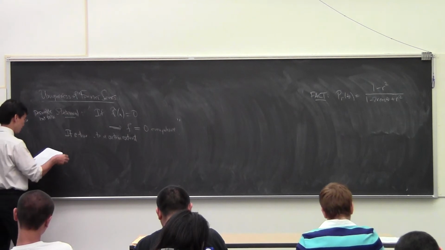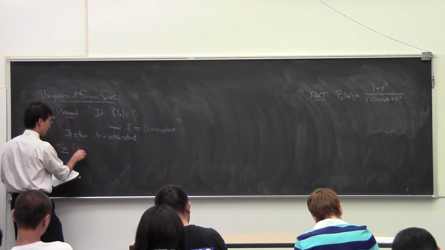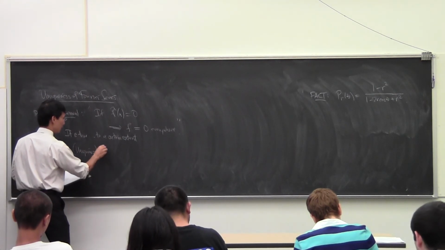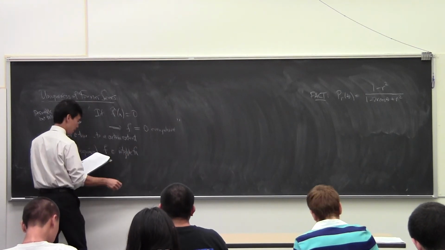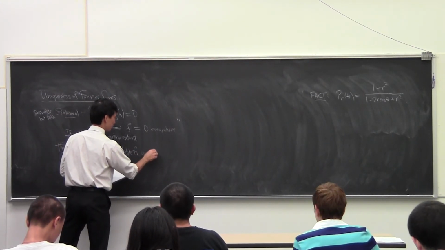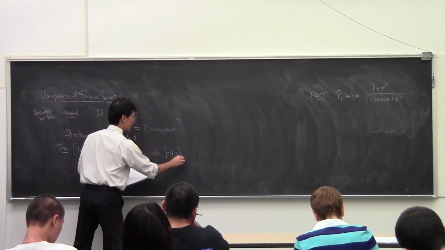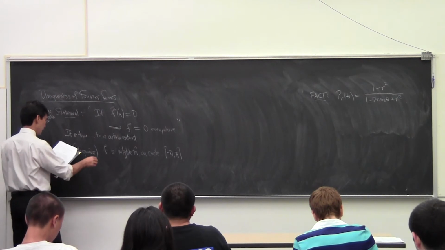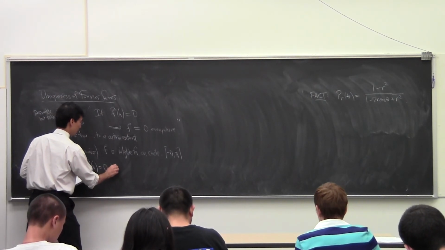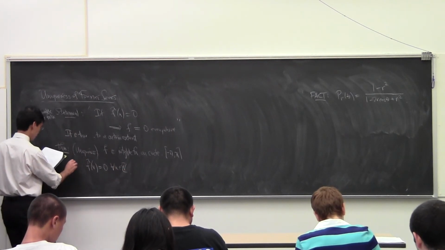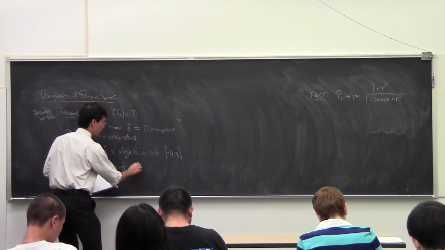Right? Okay. So here's the theorem, our first real theorem about uniqueness. If f is an integrable function on the circle. Okay, so let's say it's on negative pi to pi. And suppose that all of the Fourier coefficients are 0.